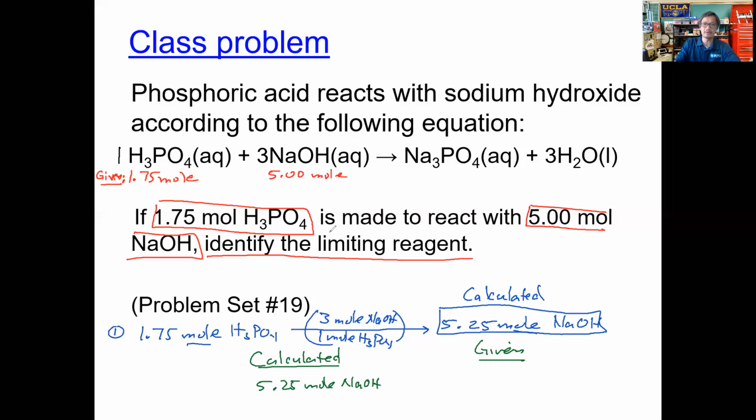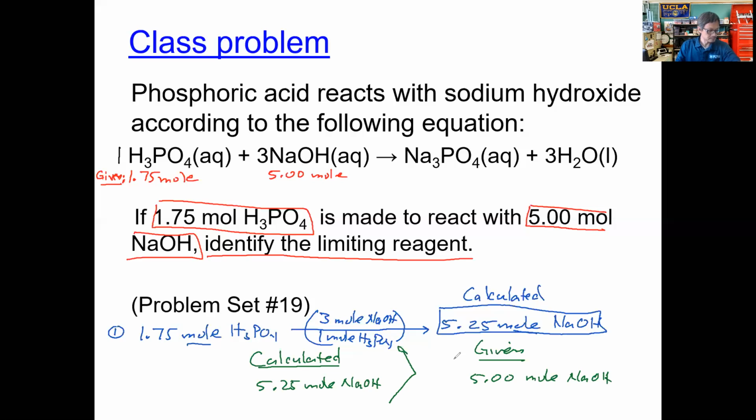And again, this is NaOH, so we have to compare it to the given amount of NaOH. We're not going to compare it to this one. We're going to compare it to this amount here, which is 5.00 moles of NaOH.